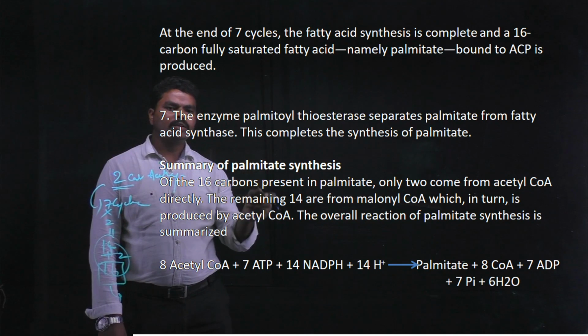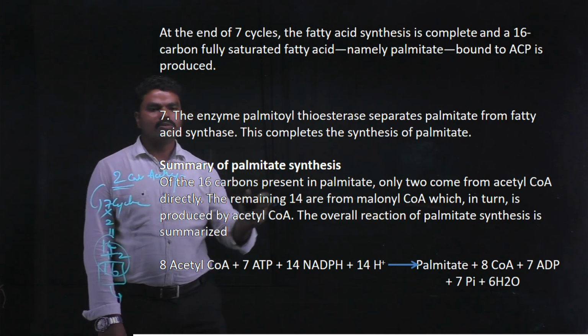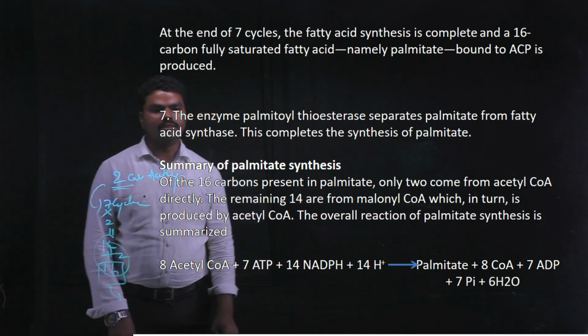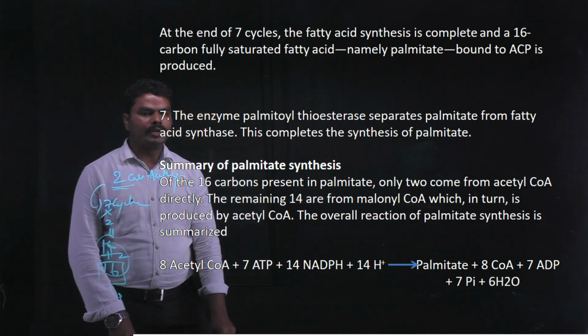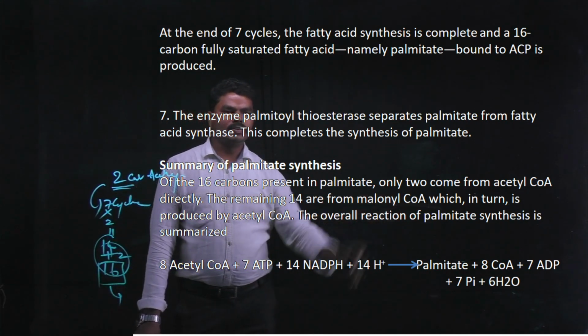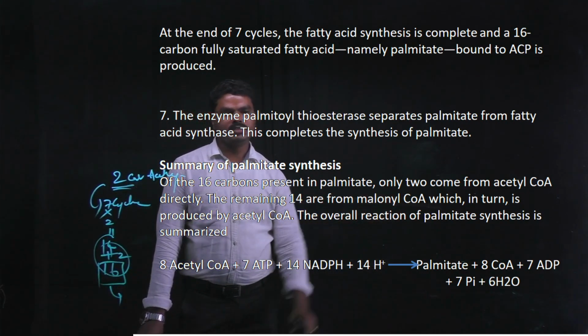For each cycle 2 NADPHs are utilized, so 14 NADPHs are utilized, and 14 hydrogens are also utilized in this biosynthesis of palmitate. So finally we get the palmitate and 8 CoAs, 7 ADPs and 7 Pi and 6 H2Os.